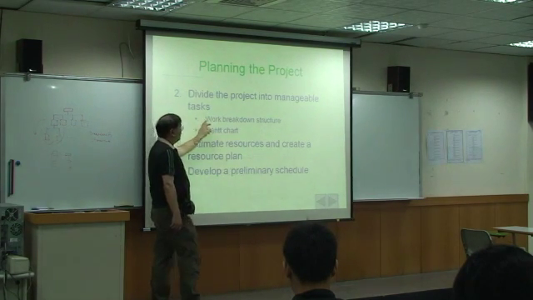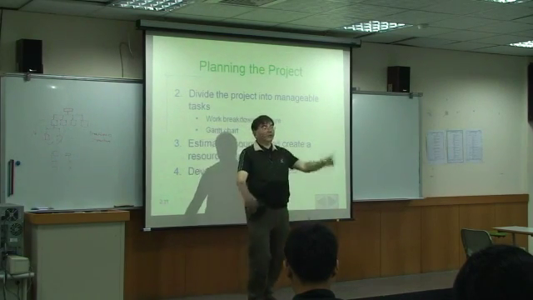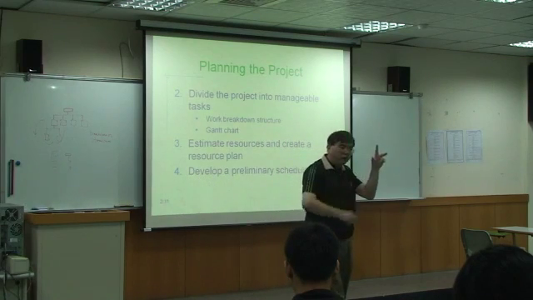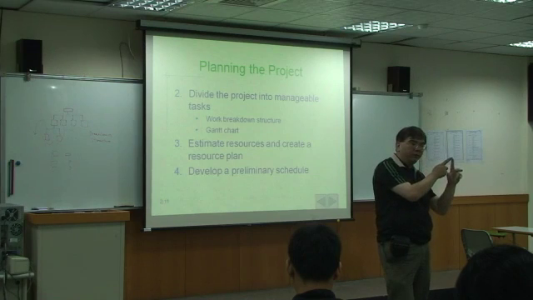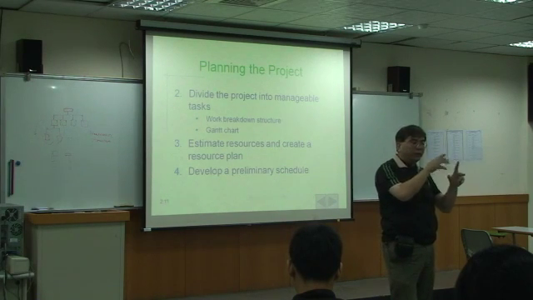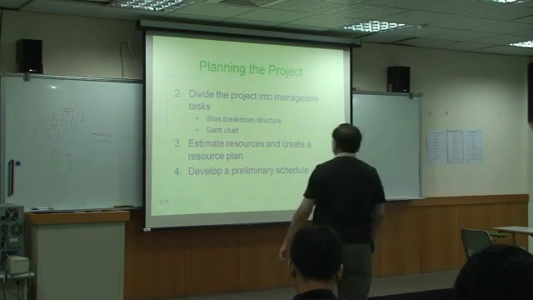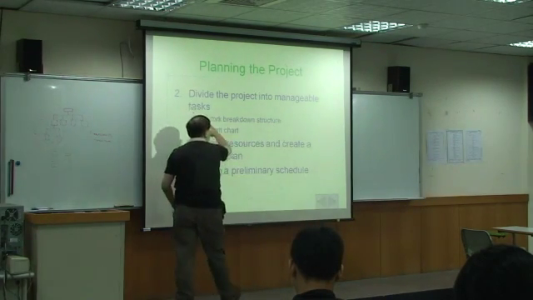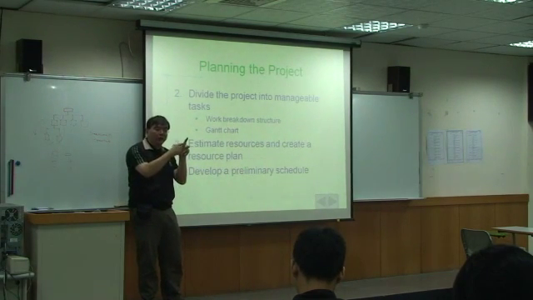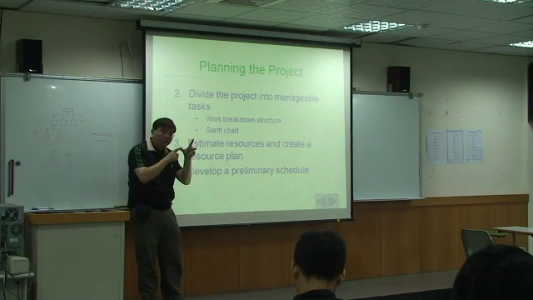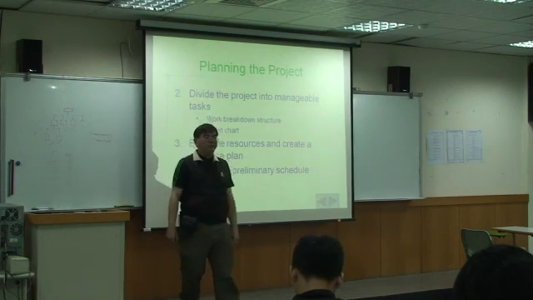If we want to know whether this breakdown structure is okay or not, we know we have 3 S's for a project. One is for time, one is for cost, one is for performance. The 3 S's will control the constraints of the project. So for the work breakdown structure, to take care of the time, cost and performance, we must have a Gantt chart.